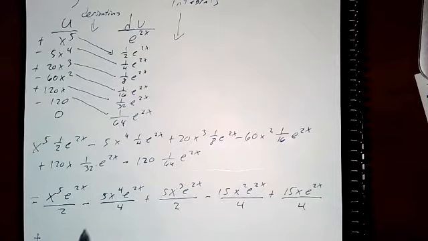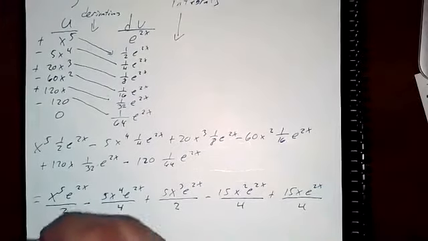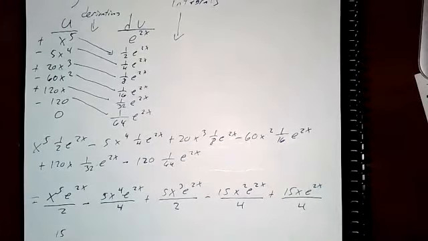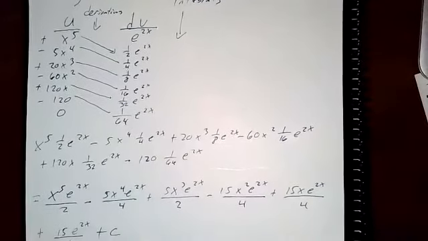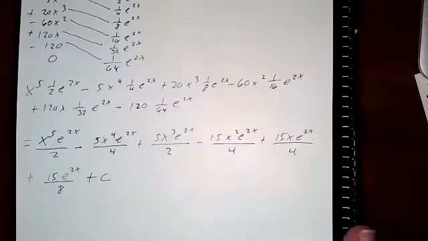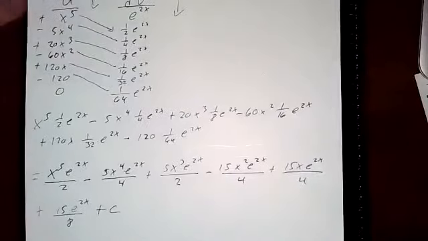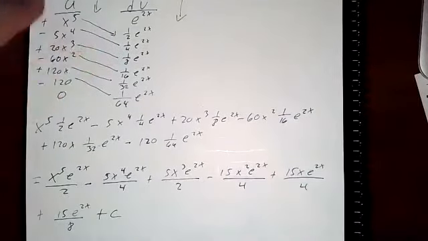Yeah. 15, yeah, it should be minus actually. Well, if you add them together, that's fine. 15 e^2x over 8. So you see how the tabular method will save you from doing this many times. All you got to do is just pair these together by multiplication, and that's it.